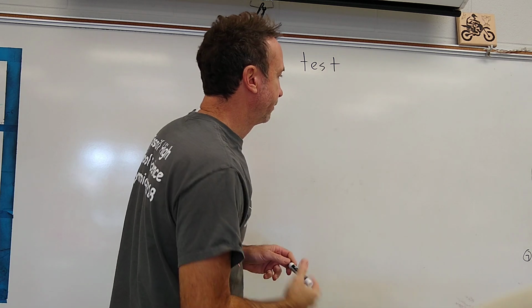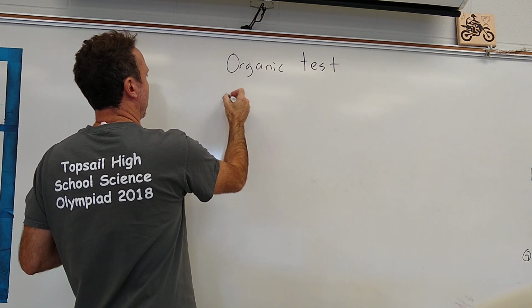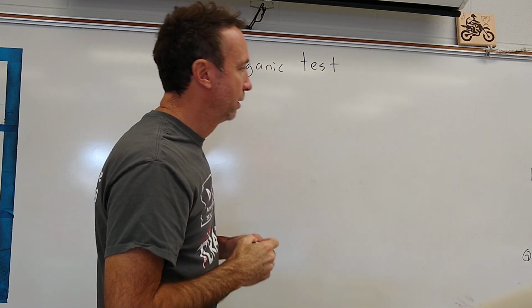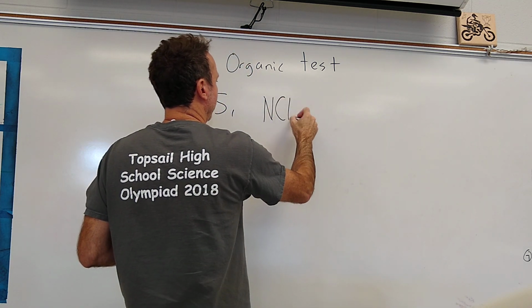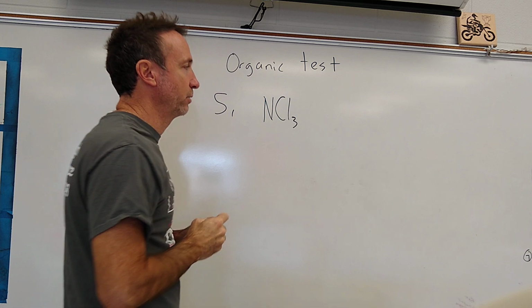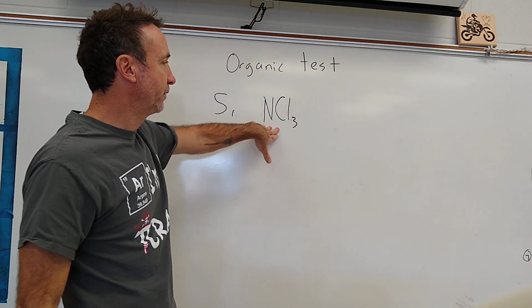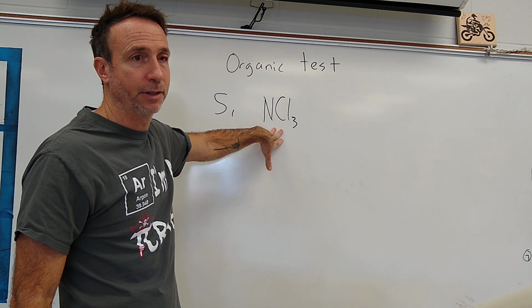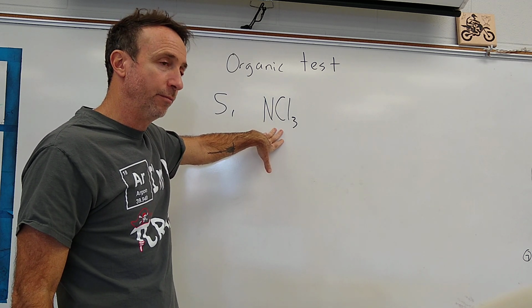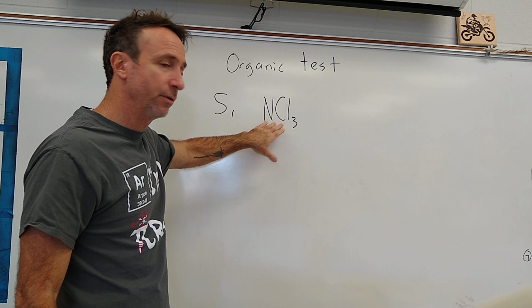Number 5, NCl3, nitrogen trichloride. I need you to draw this. I need you to include all the unbound pairs. I need you to label all the interior bonds. I need you to label the shape.